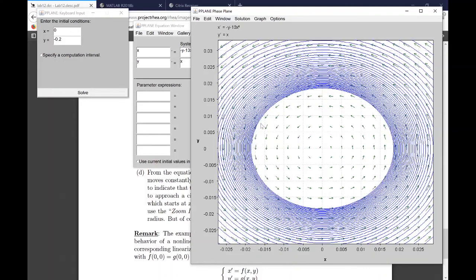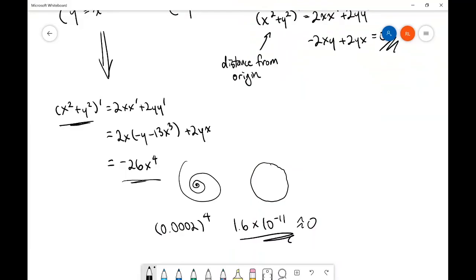So you should see that this circle's radius is about, if we look here, maybe 0.018. So our radius is 0.018, right? This would seem to indicate that at x or y equals 0.018, our numbers get too small and the computer effectively thinks that this is 0.